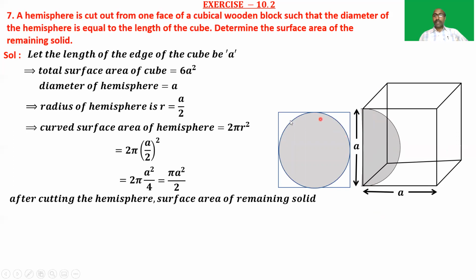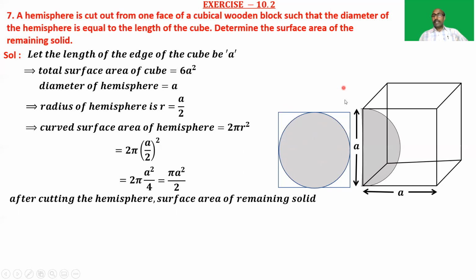This white part remains the same and this gray part is carved out, and it looks like a hemisphere. So the curved surface area of this hemisphere is 2 pi r square.